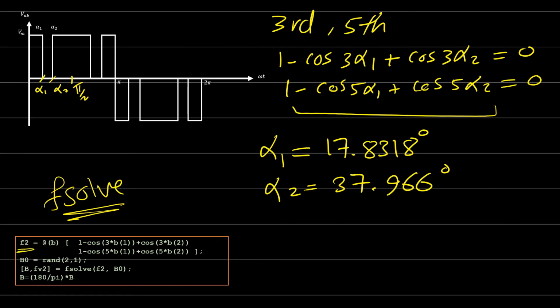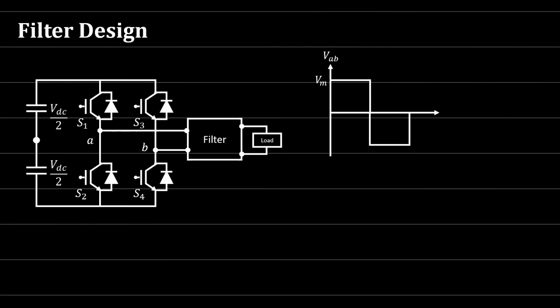Now, once we eliminated some harmonics, okay, we can use a filter. Now let's see what the considerations are for the filter design. This filter can be either a simple filter like a C filter, only capacitor, or only inductor. Calculating voltage and current ratings of power devices depends on many factors.